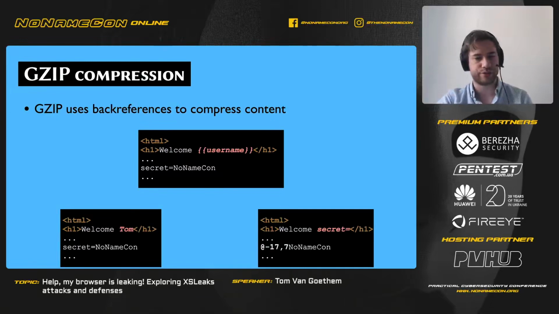So when it says welcome Tom, then nothing special happens. But when it's welcome secret=, then these 7 characters of this secret= that occur later in the document can be replaced with a back reference to the first occurrence of this string.